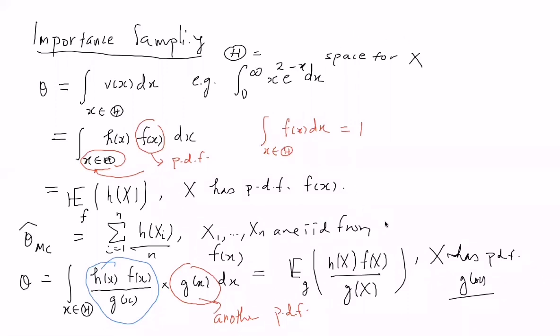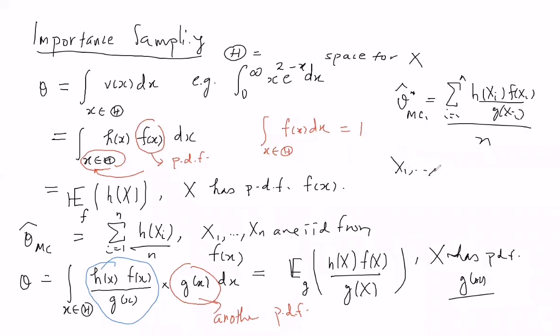So you would take the Monte Carlo estimator, let's say theta hat star, which is the summation of h(xi) f(xi) over g(xi), divided by n, where x1 until xn are IID from g(x).